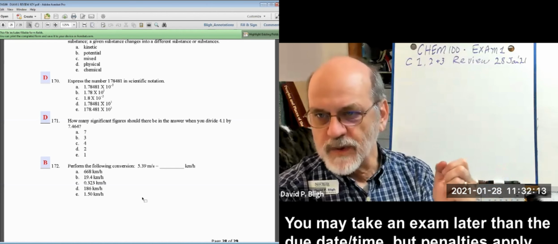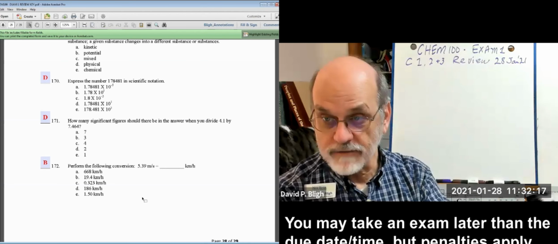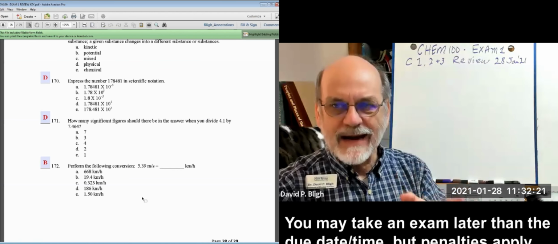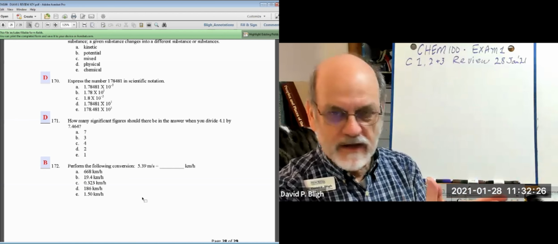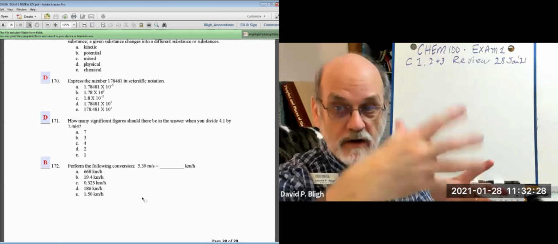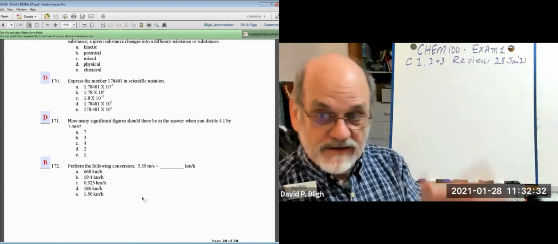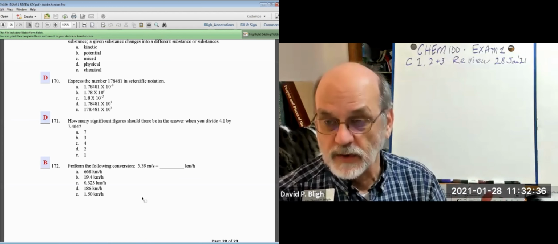I like to get grades back as fast as possible so that you can see where the mistakes are, if there are any, and correct them, because chemistry is an additive science, like most sciences. You start off with here, and then you use what you learned here to learn something new and develop new skills. You have to have these nailed down. That's why I started off with memorize the periodic table, right?